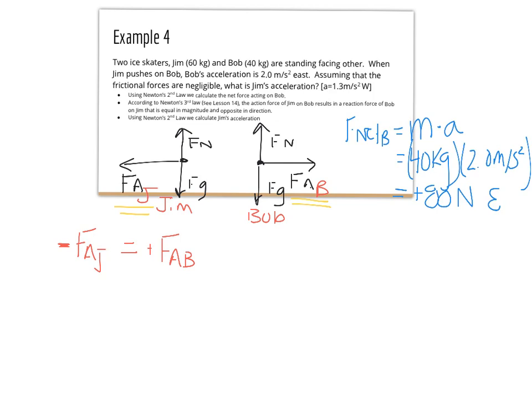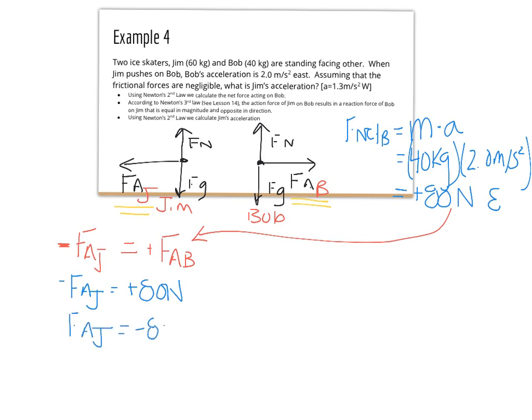So we know that Bob's applied force, or net force, was 80 newtons east. Therefore, we can see that Jim's applied force is negative 80 newtons. Therefore, he must be going 80 newtons west. Okay, that's the applied force on Bob.